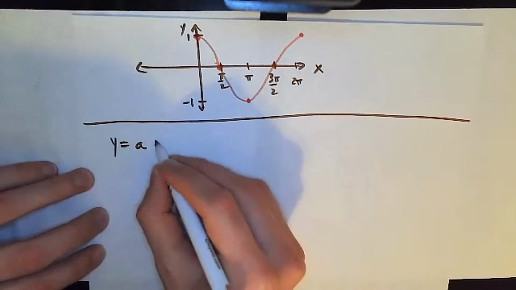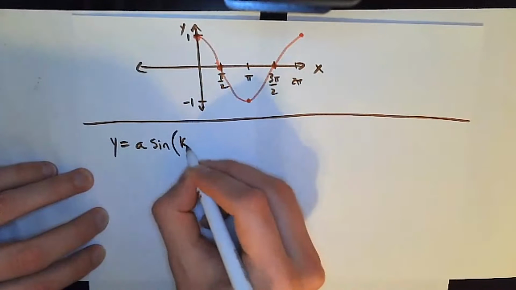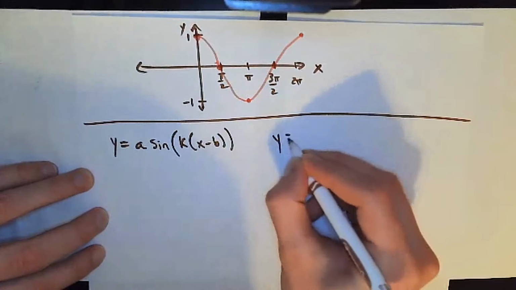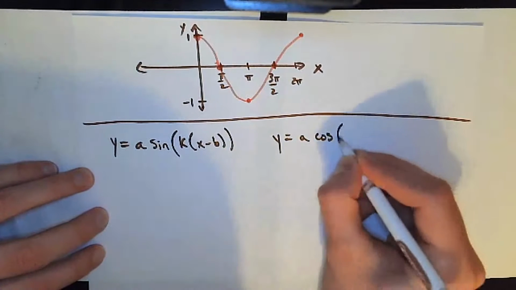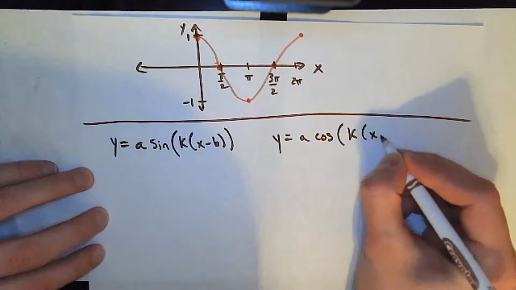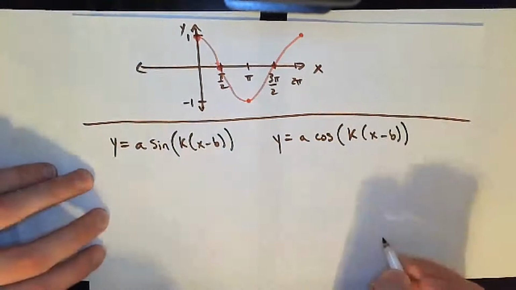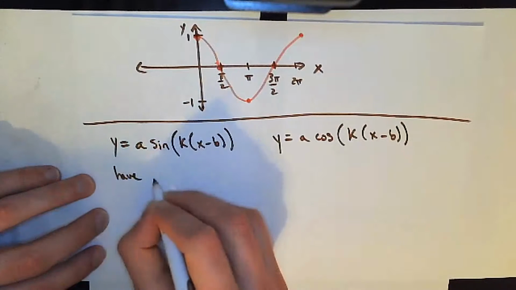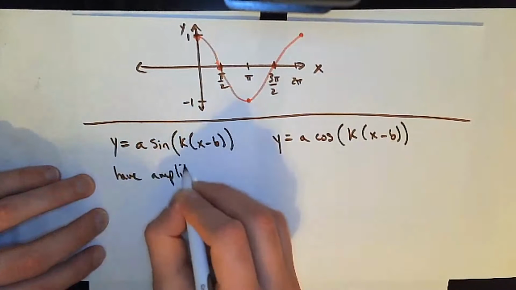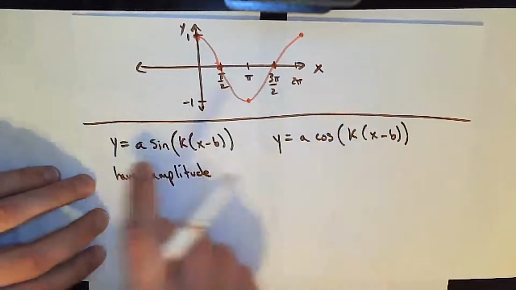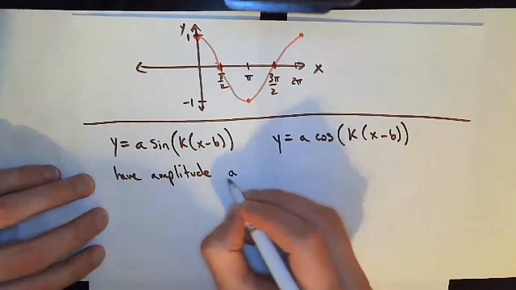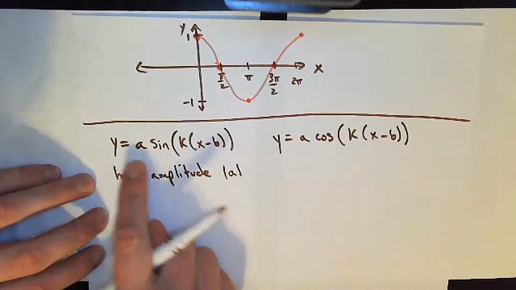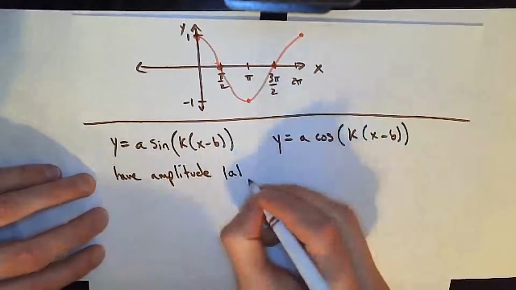y equals A sine of k times (x minus B), and then just the same exact thing for cosine. Written this way, they have amplitude |A|. So if A is negative, like if it was -2, we just say its amplitude is 2.